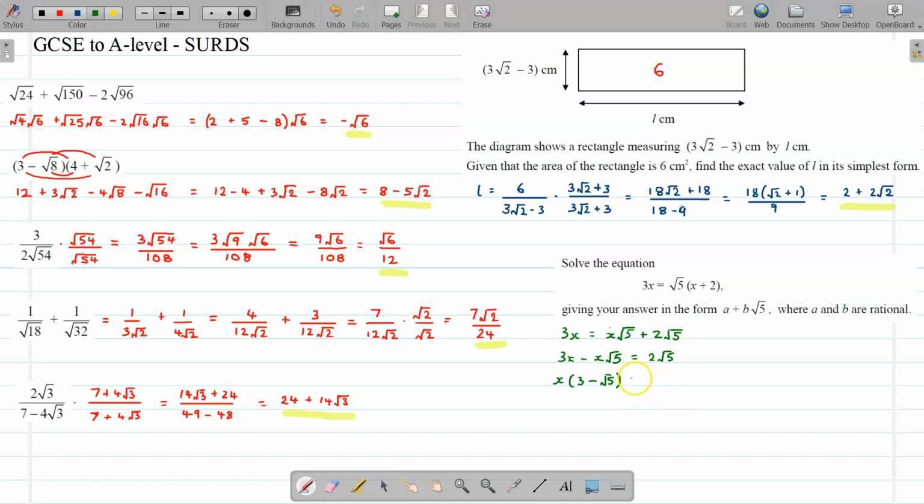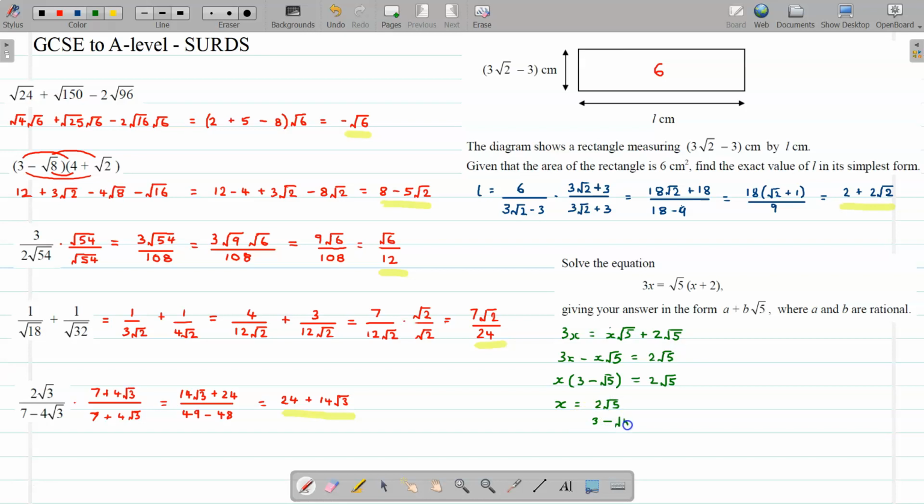Now if I divide both sides by that bracket, I'm left with x on its own, which is what I need to find out. So x is 2 root 5 over 3 minus root 5.